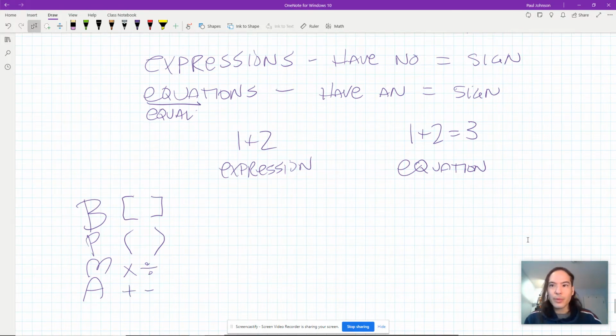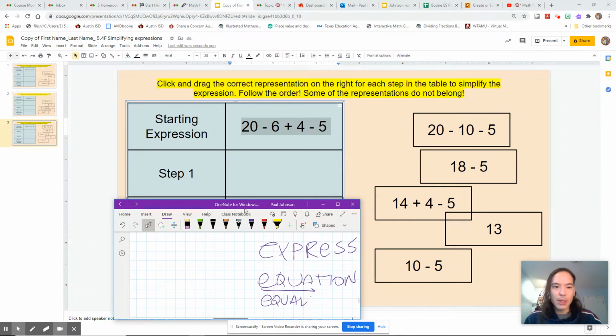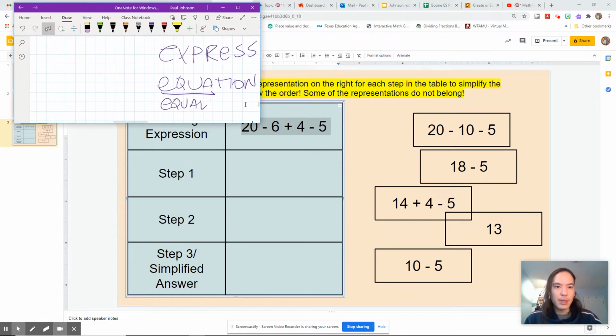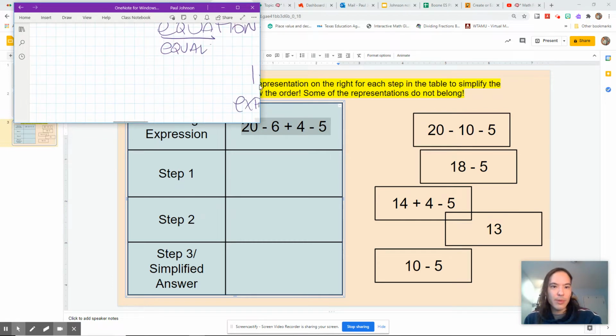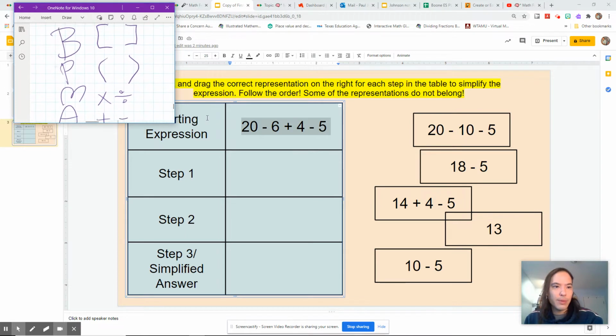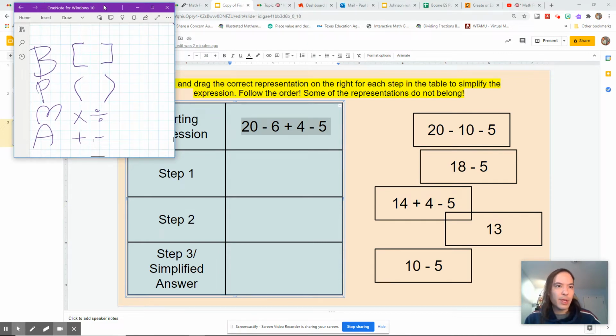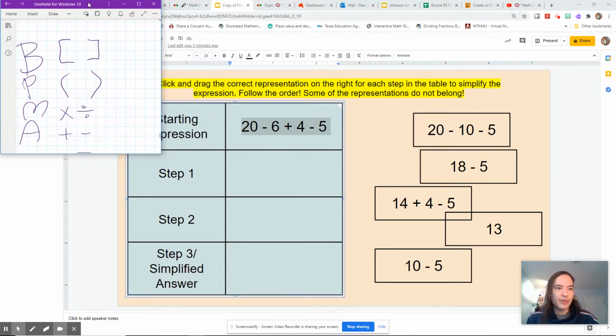In fact, I'm going to have our little BPMA and try to keep it open while we're working on our activity. Okay, cool. It's not the best, but it'll work. So BPMA over here to the side. It's going to disappear every time I try and use it.